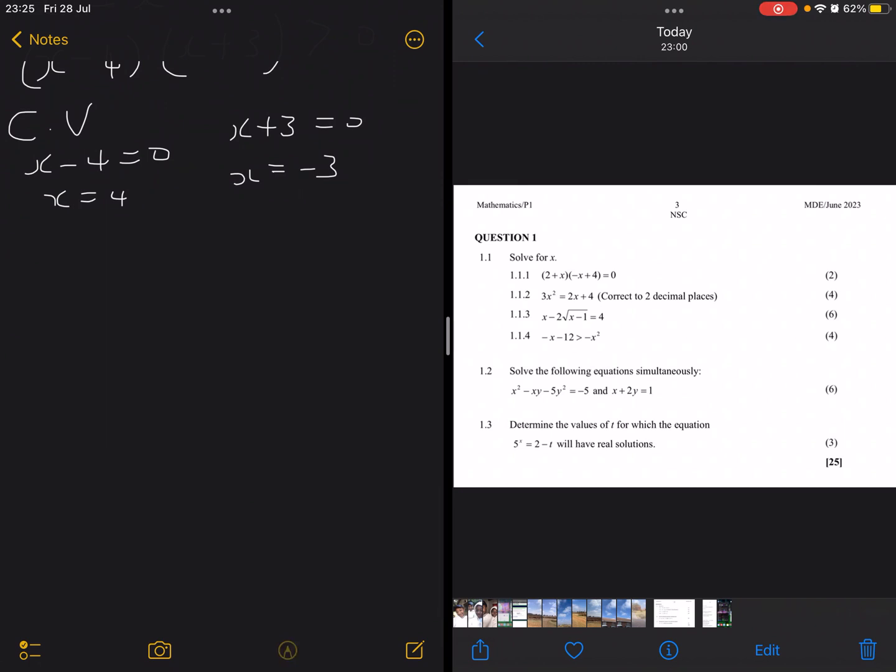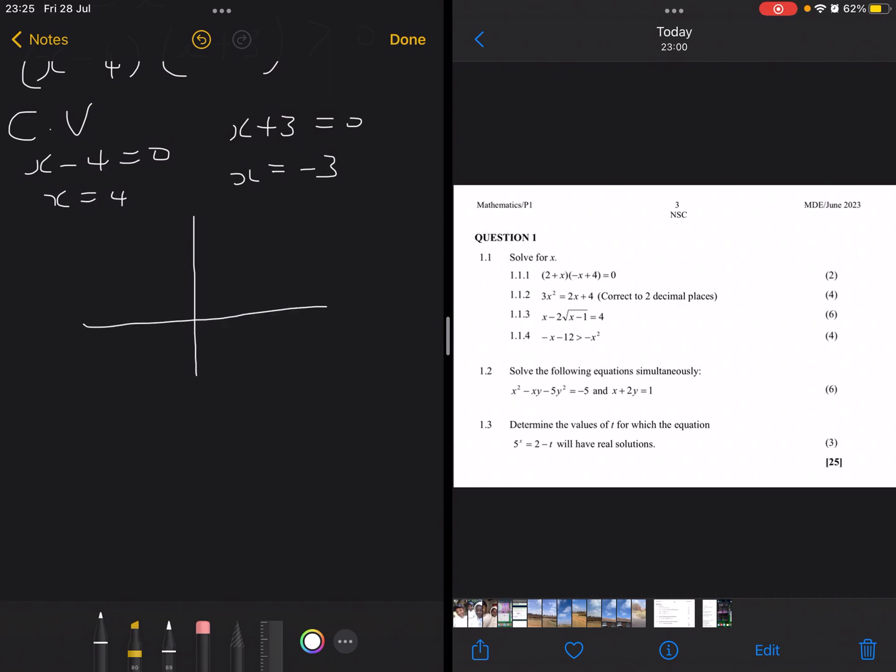But from the part of CV, we'll have to then look for or plot. I like to use the graph of a parabola. Now, what are our critical values? The smallest one is x is equal to negative 3. So we'll put negative 3 here and we put positive 4 here.